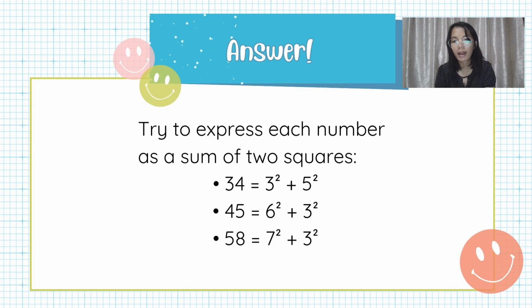For 45, we have the square of 6 and the square of 3. 6 times 6 is 36 and 3 times 3 is 9. 36 plus 9 is 45. For 58, we have 7 squared plus the square of 3. 7 times 7 is 49 and 3 times 3 is 9. So 49 plus 9 is 58.